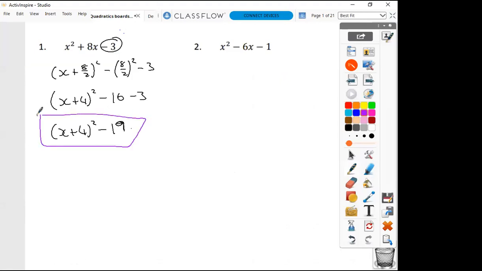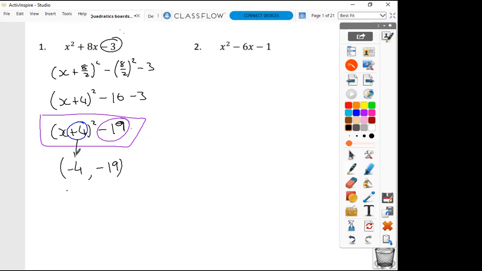So we've completed the square, and if we get asked for the turning point, our coordinate is going to be minus whatever we've got in here, so -4, and then whatever this last term is, -19.